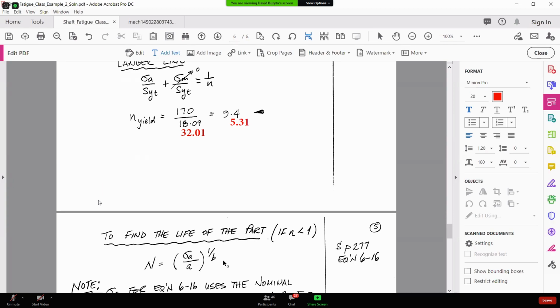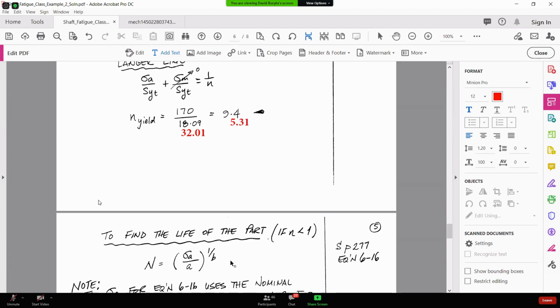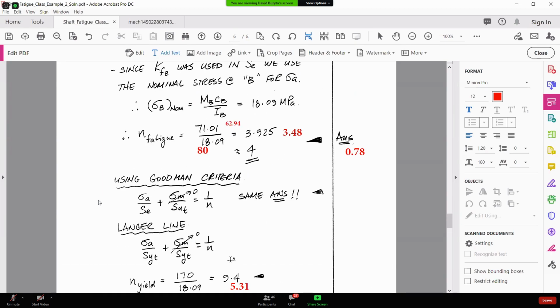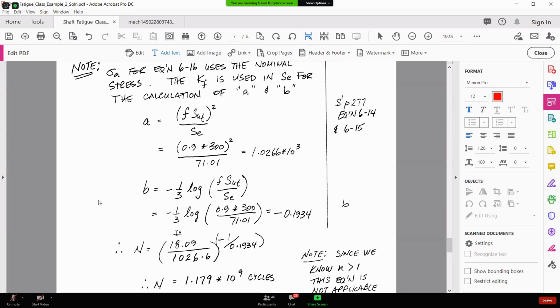So if we come down here and put 80 in here instead of the 18, let's do the calculation.